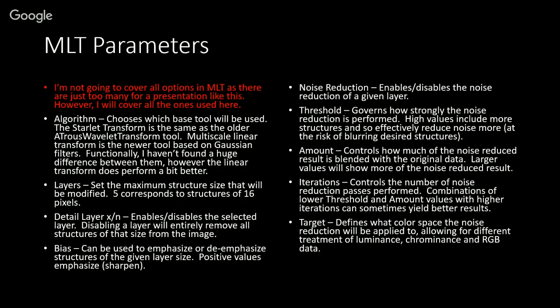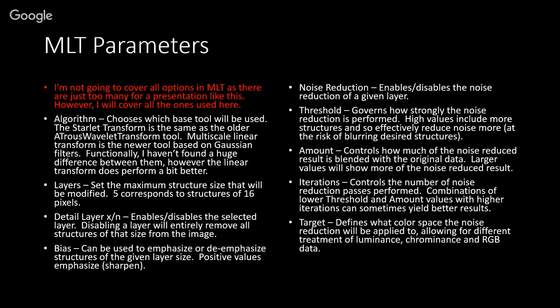So, for example, if you want a really quick blur of the fine-grained noise, you can just disable the first layer, and you'll actually see the image get just slightly blurry, although it's not going to blur the stars or anything too much, but you'll see that effect immediately. The bias is how you control emphasis or de-emphasis of structure sizes.